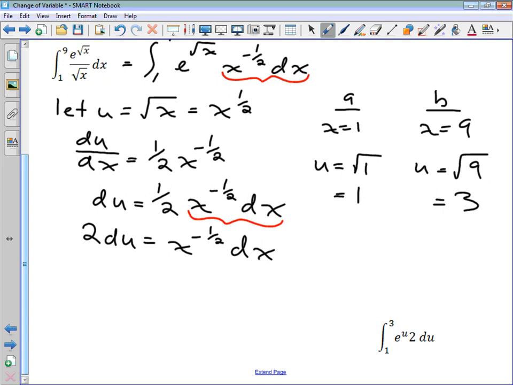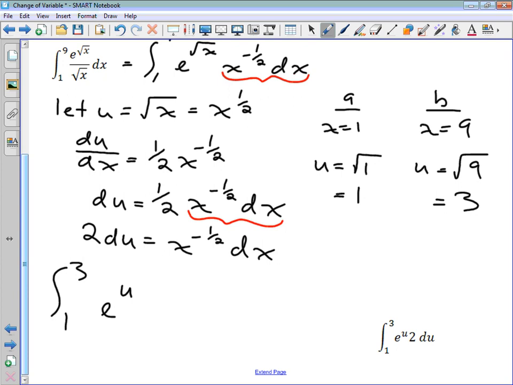So if we do all of this substitution, our integral is going to be the integral from, instead of 1 to 9, from 1 to 3. Instead of e to the root x, we're going to have e to the u, because we've replaced root x by u.